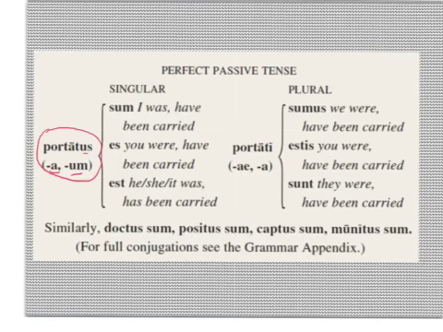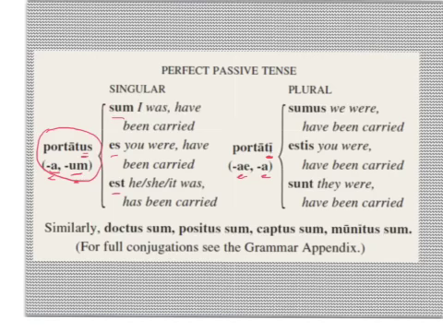Notice this is singular. For a masculine subject, you'd use us, feminine a, and neuter um, and then you have a form of sum: sum, es, est. And then in the plural, notice how this becomes portati, ae, a, because again, this is for plural subjects.